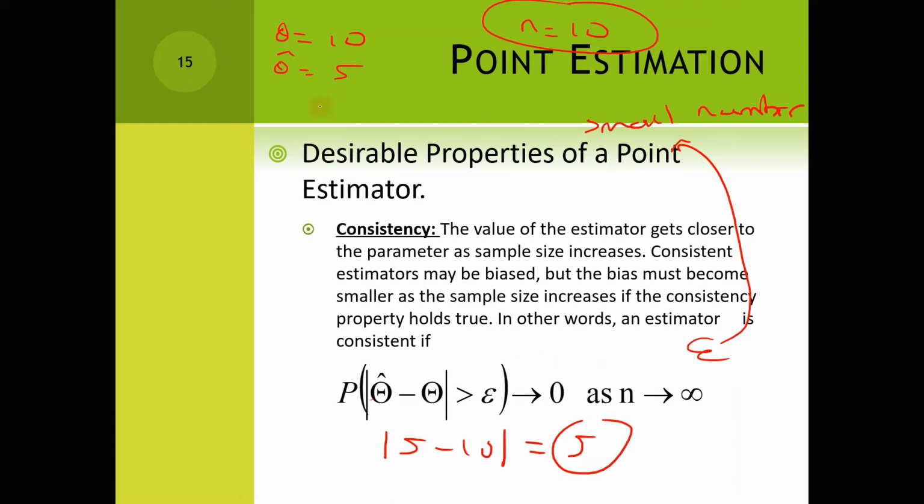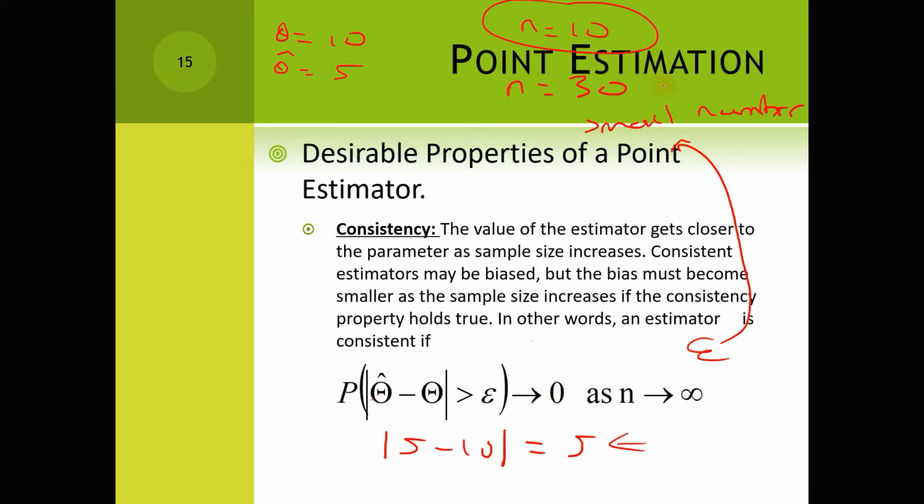But let's take another example now. Let's suppose now for a higher sample size, you get 30, right? So here, when you look at the difference between 5 and 10, you get 5. So the probability of having a certain difference is not necessarily 0 here, but it exists, all right?